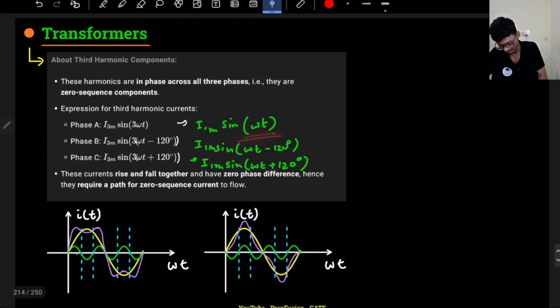For sine omega t, it will be like this. For the other phases, it will be 3 times multiplied as well. If I multiply by 3, I observe I am getting this expression.